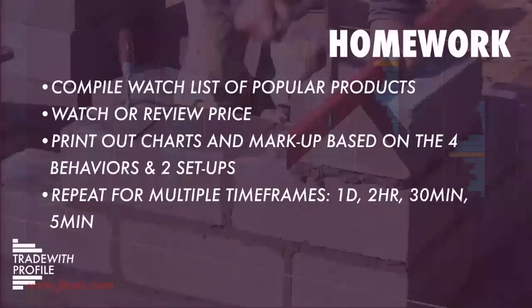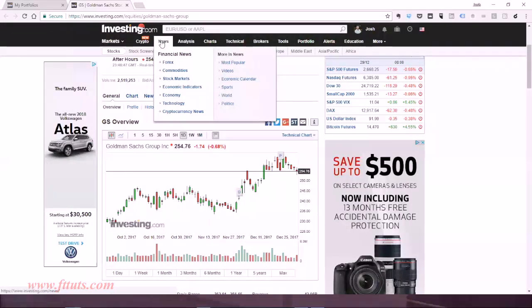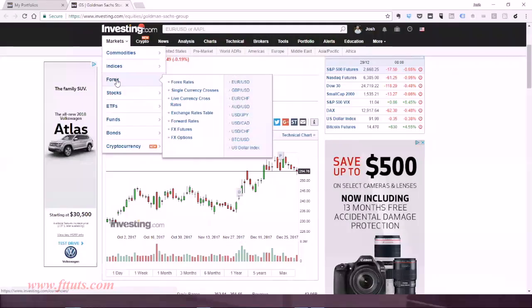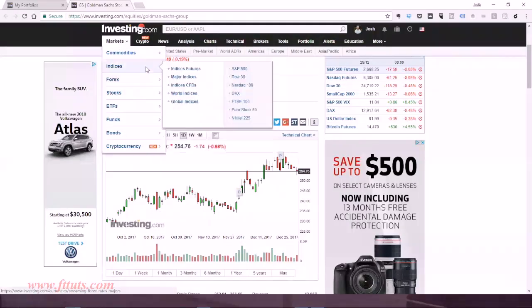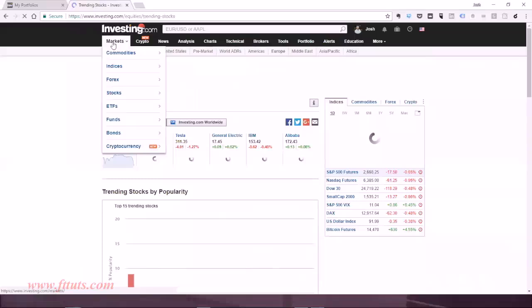So you're going to build a watch list of popular products. If you're on investing.com and you go up here, you can look at specific markets and you can click on, okay, here's stocks, right? Trending stocks, or it's got a list of big stocks over here. Or most active. You saw that one. There's a most active.